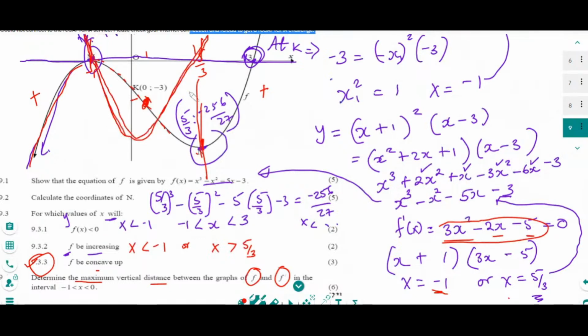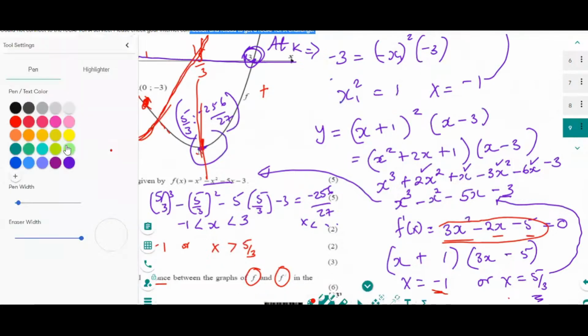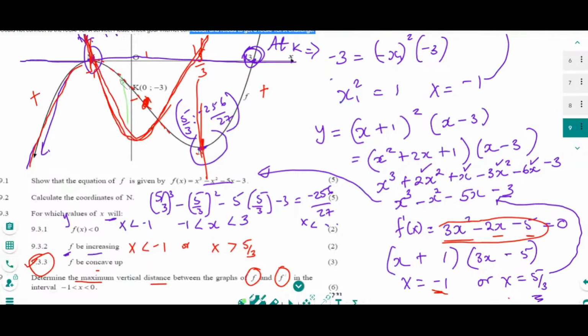Okay, so where do we find the maximum distance for this graph? It's the distance between these two. But they told us we have an interval between -1 and 0. So we're only focusing on the left-hand side. So in this area, where do we find the distance to be maximum?